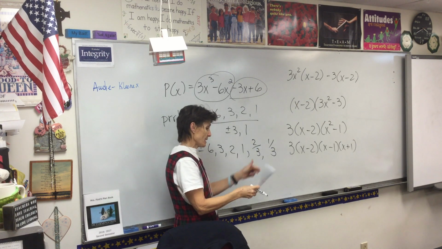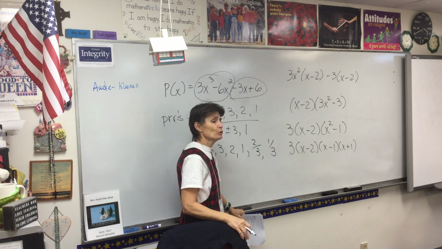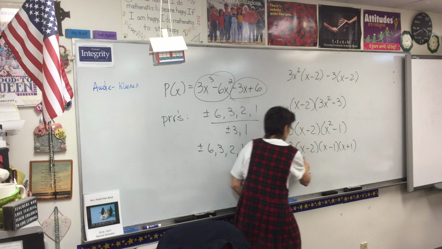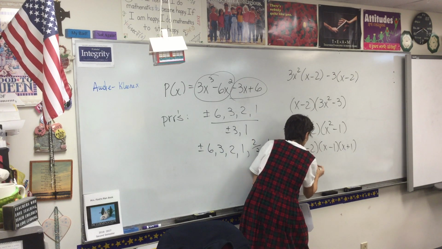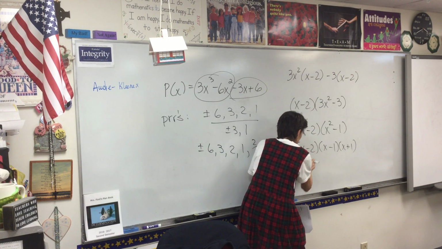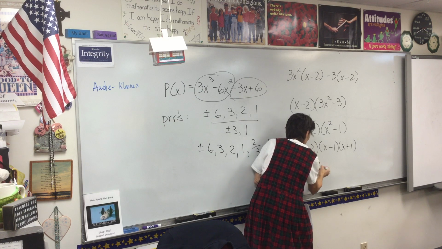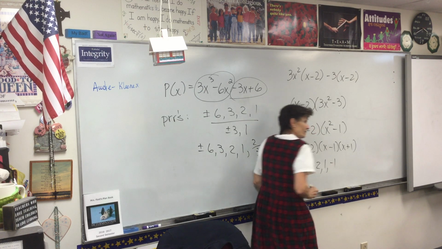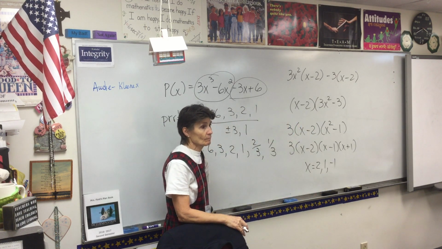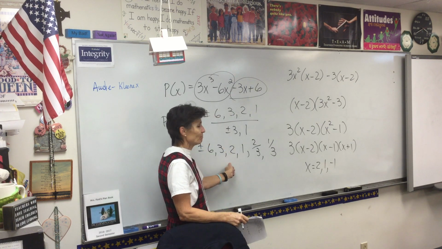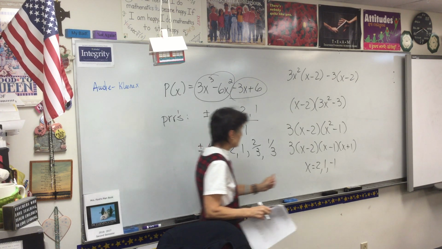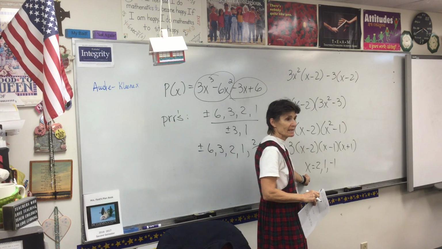So the question said, find the roots. Look at these parentheses. Tell me what x equals. These are the roots. x equals 2, 1, or negative 1. This is the list of possibilities. This is the list of actual answers.